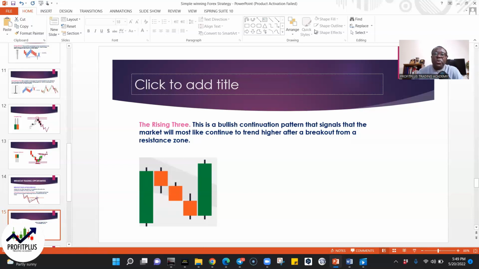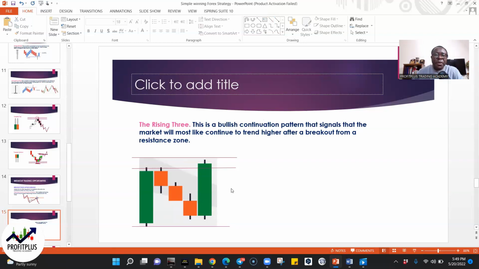All right, so understand this and identify this rising three. So this is the low, this is the low, and this is the high of the first bull candle. And again, this is the high of the second bull candle.